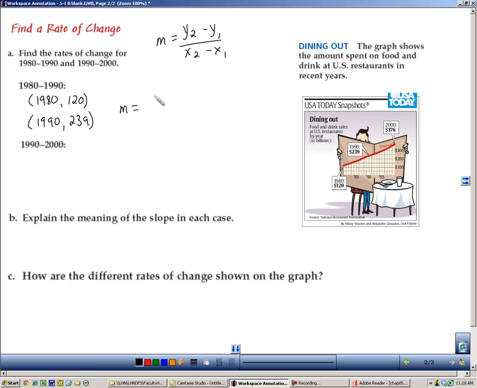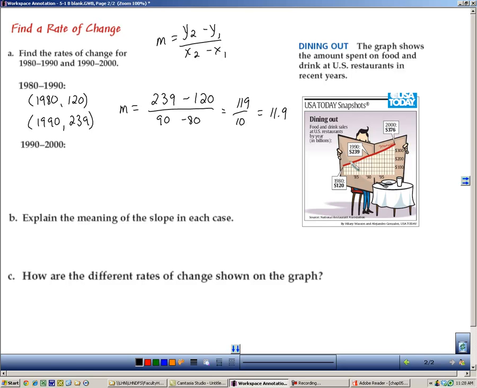Y sub 2, I'll use the 239 minus y sub 1, and then I'm going to divide that by the change in the years, 90 minus 80. So this is 119 over 10, which equals 11.9. So that's the change from 1980 to 1990.